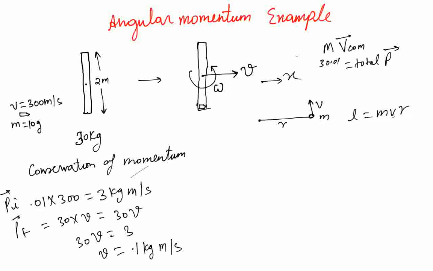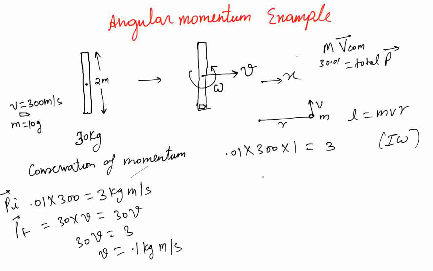From one of the lectures we calculated that. So this particle has some angular momentum about the center of mass, which is 0.01 multiplied by 300 multiplied by 1, which is nothing but 3, and the units will be the units for I omega.